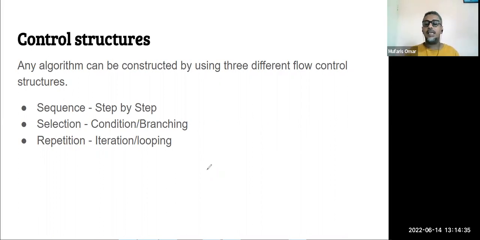First one is sequence. Sequence means step by step, so order is important. Then the second one is selection, sometimes called condition statements or branching statements. All are the same. Third one is repetition, or another name, iteration or looping.